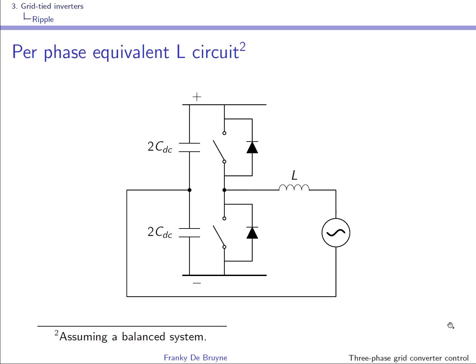In this subsection we'll consider ripple, and we'll first start with ripple when there is just an L circuit, and we'll see how things can be improved when you have an LCL filter.